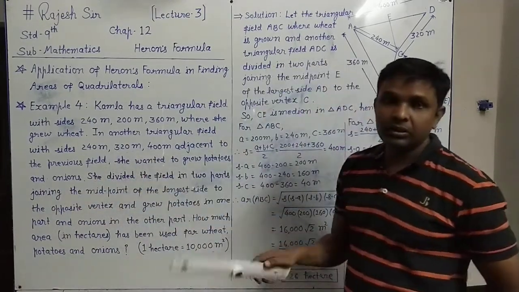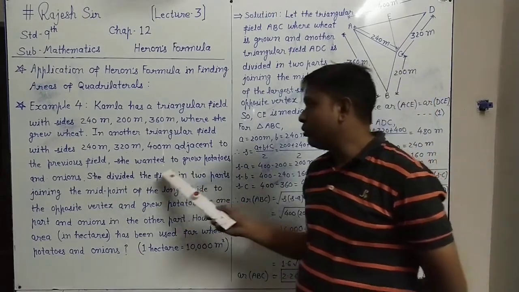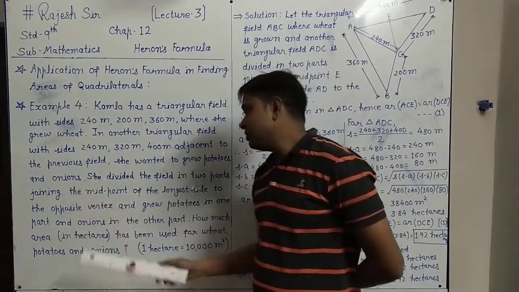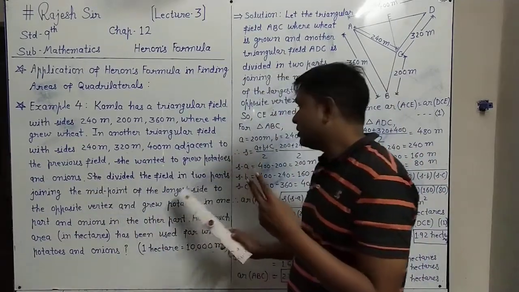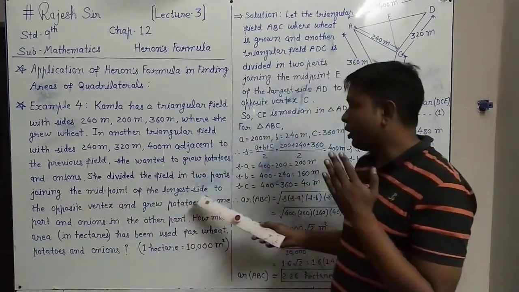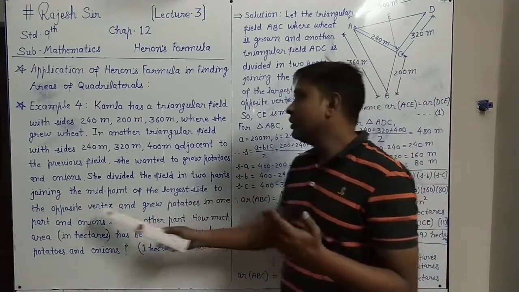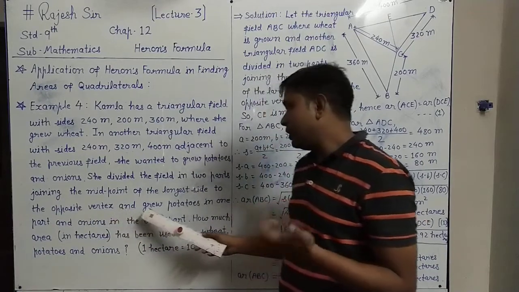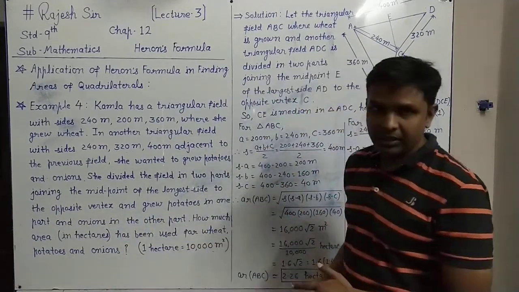In this other triangular field she wanted to grow potatoes and onions, and she divided the field into two parts, joining the midpoint of the longest side to the opposite vertex, and grew potatoes in one part and onions in the other part.